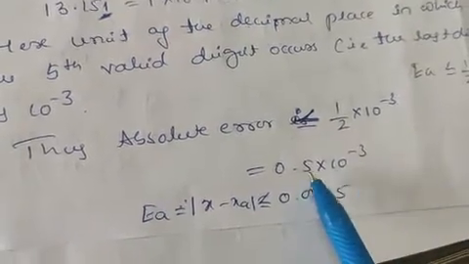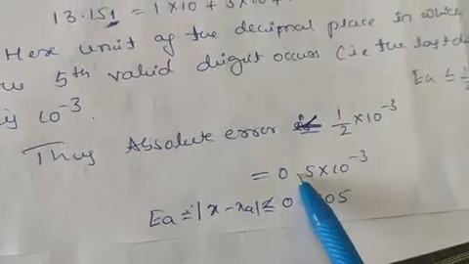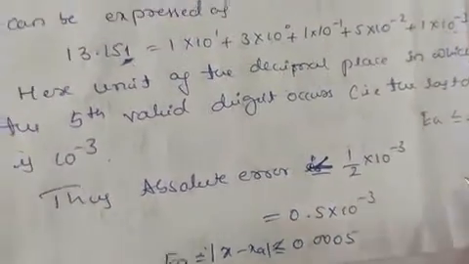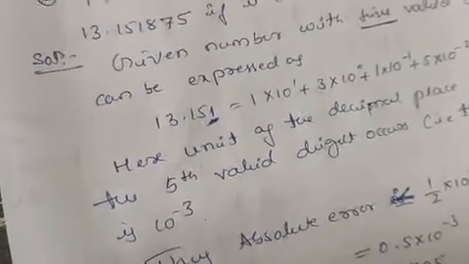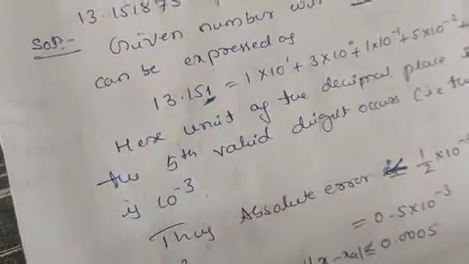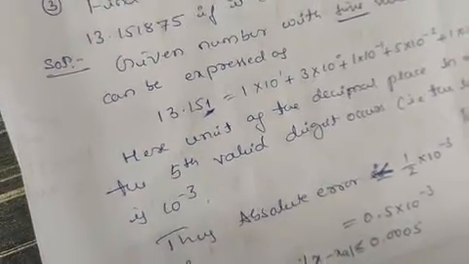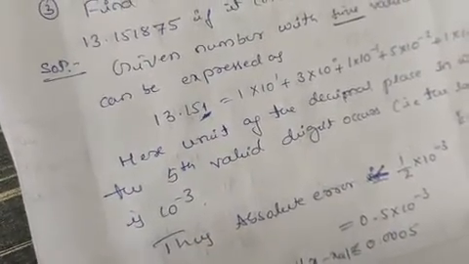10 raised to minus 3 means you have to go back 3 places from the decimal point. So it is 0.5 into 10 raised to minus 3, and you go back 3 places from the decimal point: 1, 2, 3.